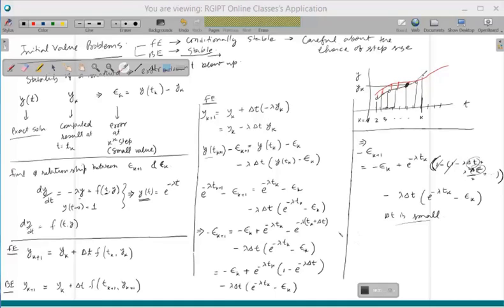Approximate that. In the limit delta t going to 0, I get minus epsilon k plus 1 is minus epsilon k. And then if I just consider only this term, with a minus already appearing over here and a minus, that becomes plus. So lambda delta t plus lambda delta t into e raised to minus lambda tk, and minus lambda delta t e raised to minus lambda tk. These two terms will cancel.